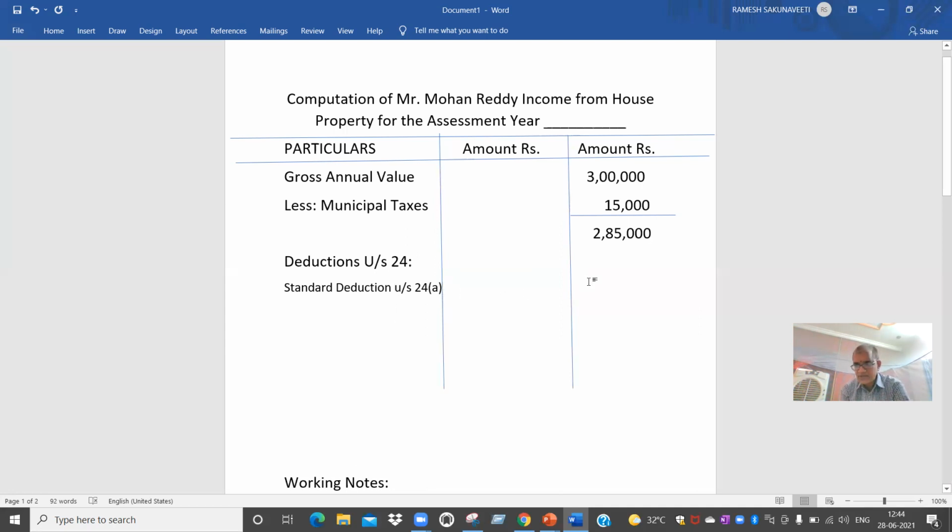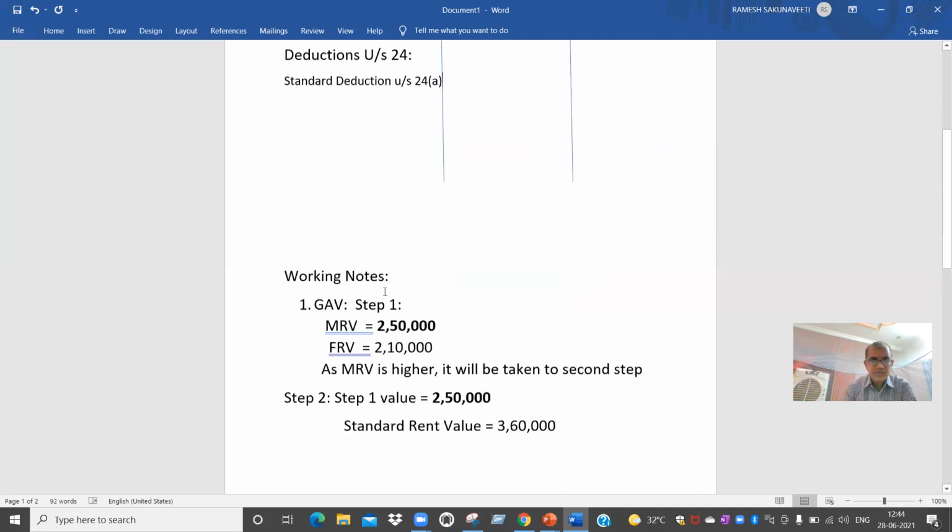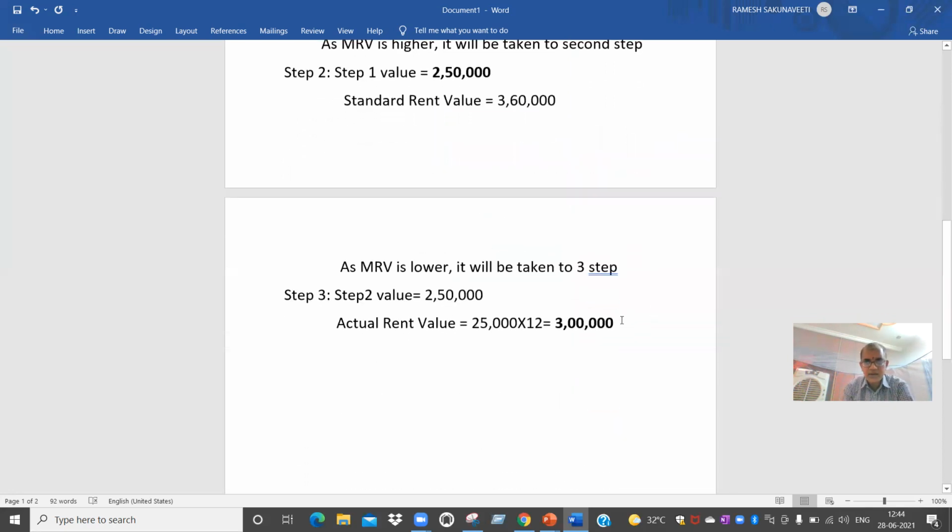Next. See what value I mentioned. In the second one, you have to calculate in working notes, then it will be correct. Standard deduction. How much do we have to deduct? What is the value I told?